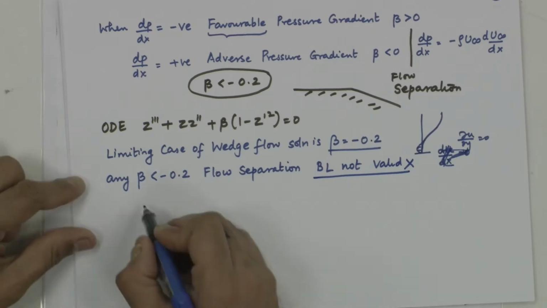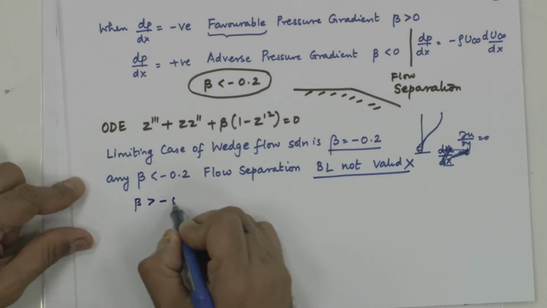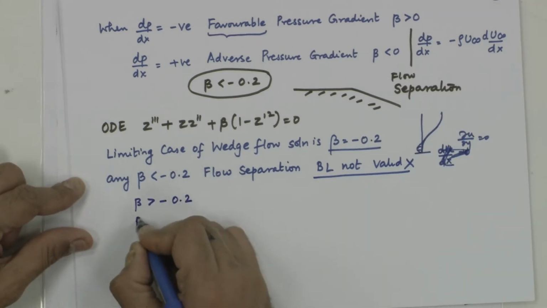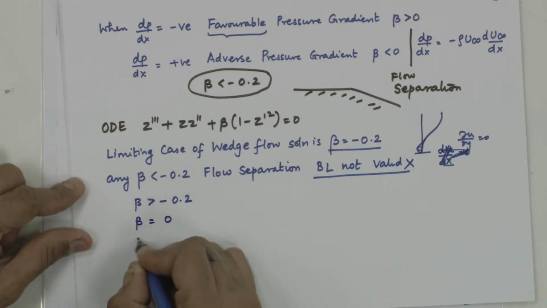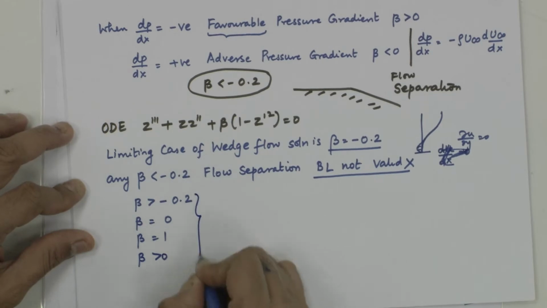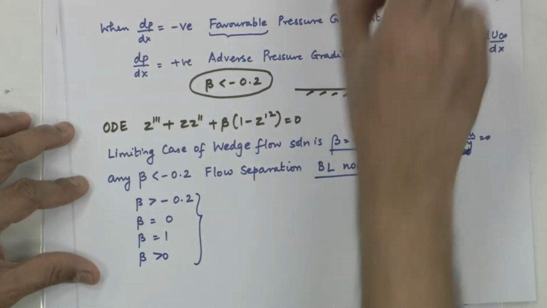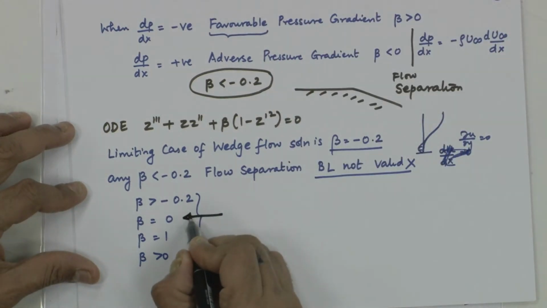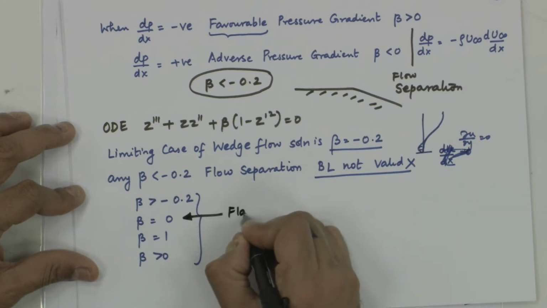Therefore, beta greater than minus 0.2, beta equal to 0, beta equal to 1, beta greater than 0. These would be cases that are important, and at an undergraduate level, this is flat plate.